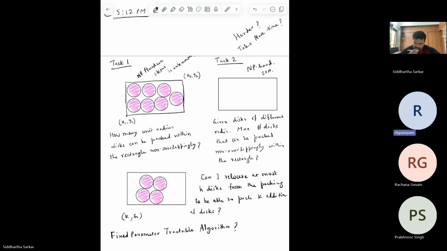Actually, this question may not be clear. What does relocate mean, and what's the purpose? So let me show you a concrete instance. Let us say that this was the initial packing.